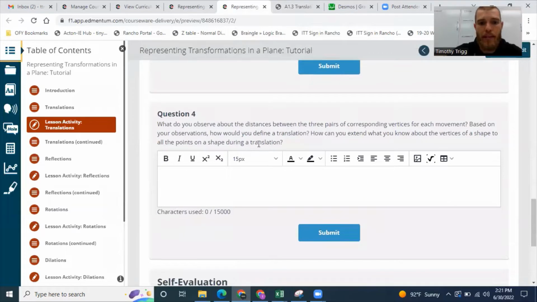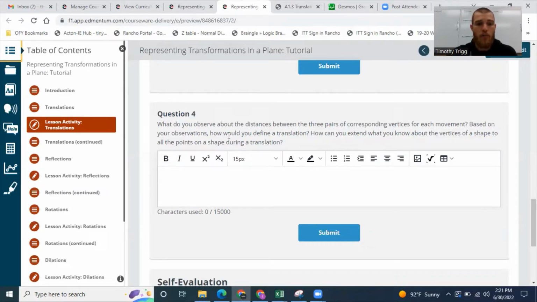What do you observe about the distances between the 3 pairs of corresponding vertices for each movement? For that, you should say the distance from triangle ABC to the destination triangle, or in other words, the image triangle, is the same throughout. So the distance between triangle ABC and whichever translated triangle is the same throughout.